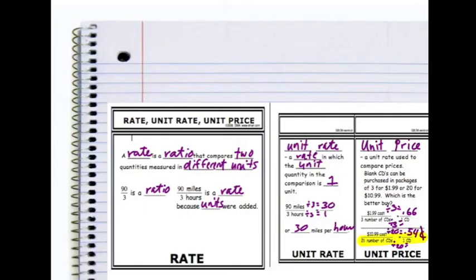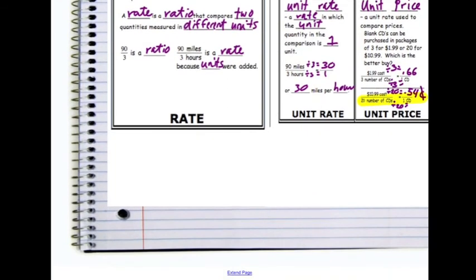I also want to do just a few examples for you. We're going to find the unit rate, okay? So if I have 150 students and they're in 5 classrooms, how many students do I have per classroom, right?